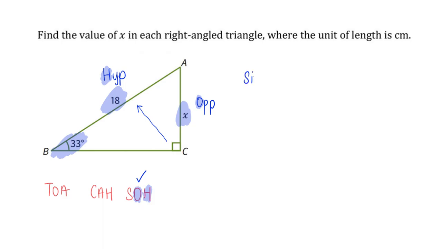So sine of 33 degrees is equal to opposite, which is my x, divided by my hypo, 18. So I'm going to multiply 18 on both sides, such that the next line will be this. And therefore, from here, you can see that x is equal to 18 times sine of 33 degrees.